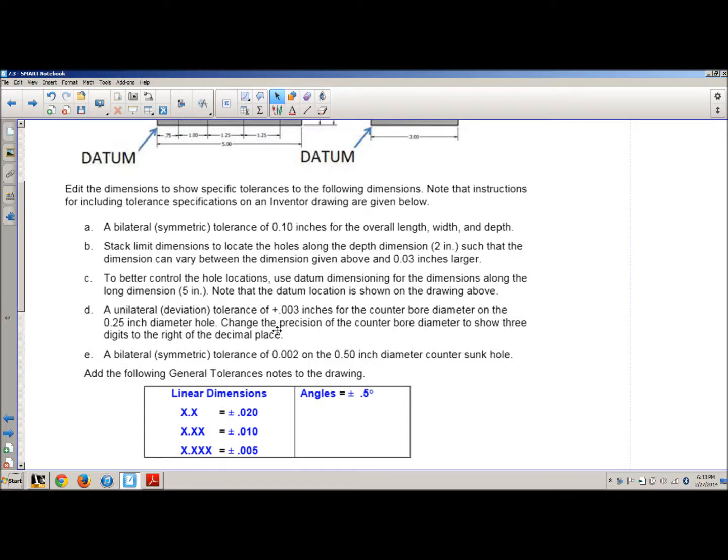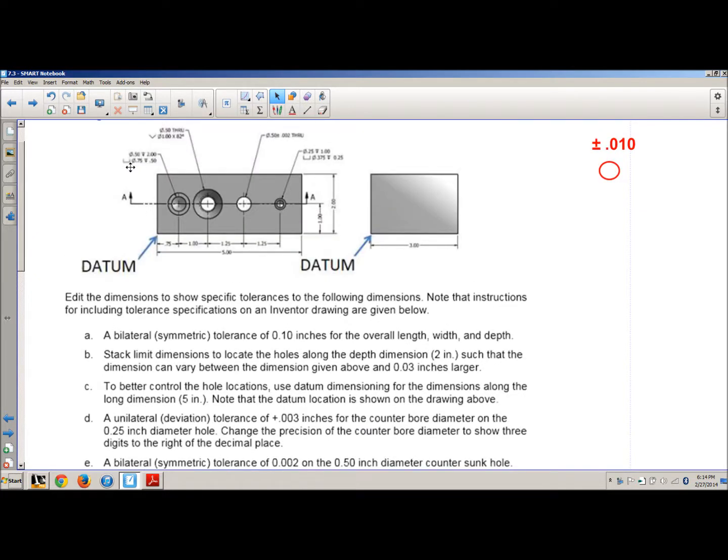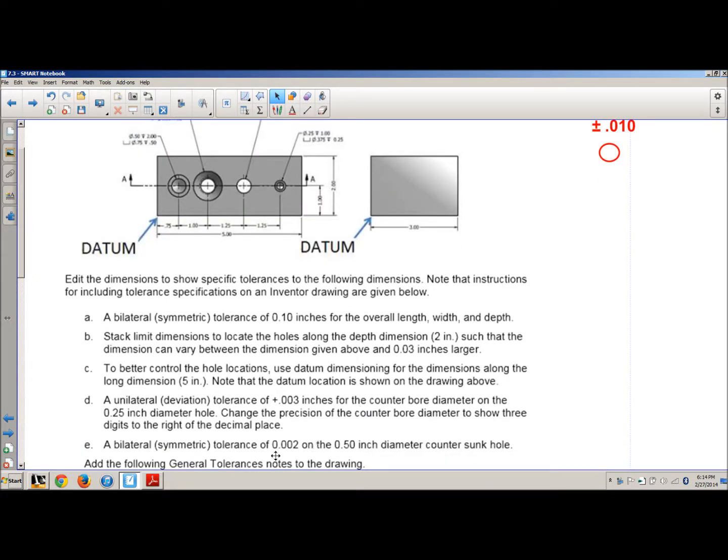What do I have next? Next, we're supposed to put a bilateral tolerance of 0.02 of an inch on the 1/2 inch diameter countersink hole. And this time it's describing we're putting 0.02 on the diameter of the hole.